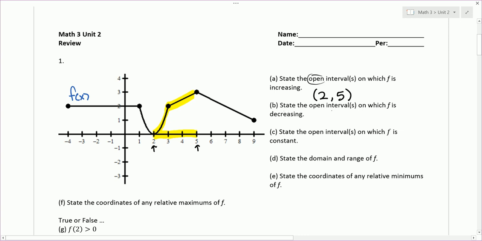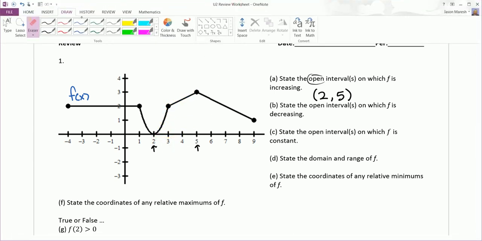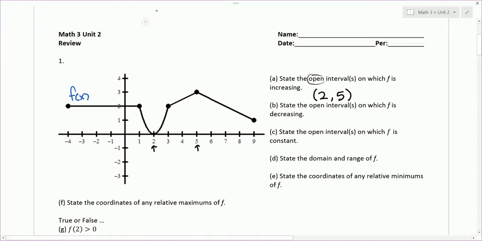Part B, state the open interval or intervals on which f is decreasing. So decreasing, as you trace your graph left to right, where is it falling? So it's decreasing right here, and it's decreasing over here. So parts of the domain, that's from 1 to 2, and 5 to 9.